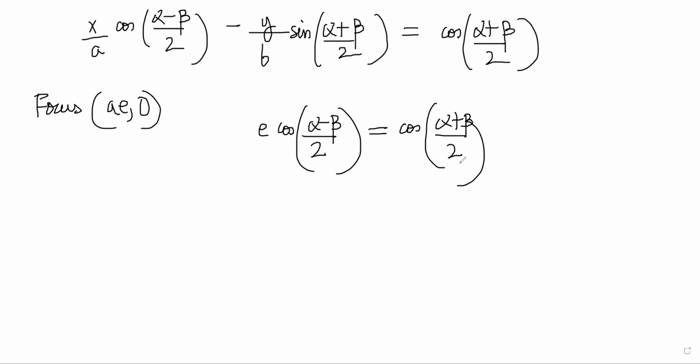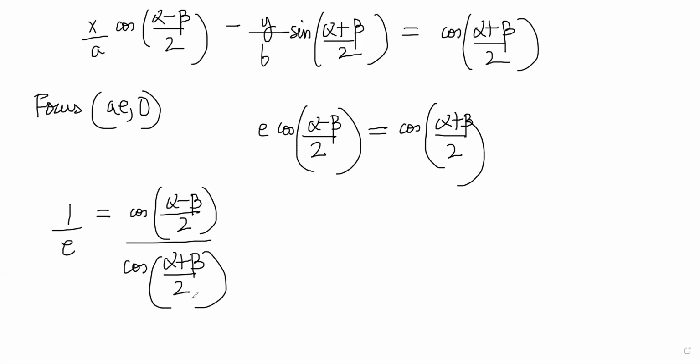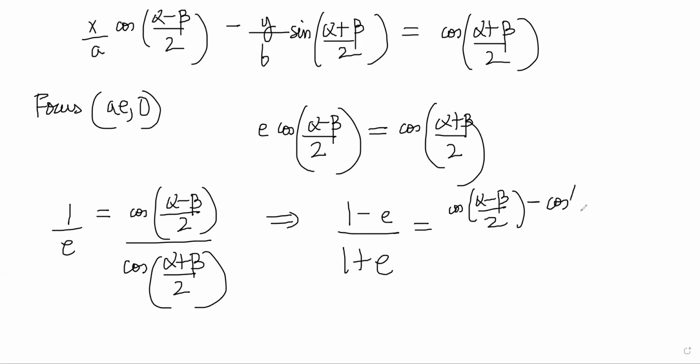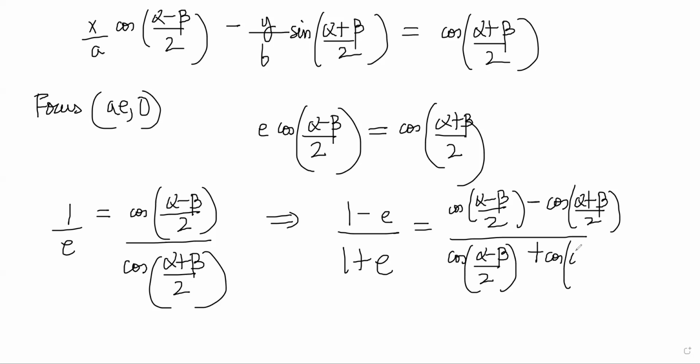Right? And now we can write 1 over e as cos of (alpha minus beta) by 2 divided by cos of (alpha plus beta) by 2. And if you do componendo and dividendo, (1 minus e) by (1 plus e) will be equal to cos of (alpha minus beta) by 2 minus cos of (alpha plus beta) by 2, divided by cos of (alpha minus beta) by 2 plus cos of (alpha plus beta) by 2.